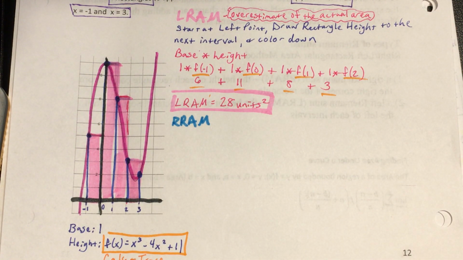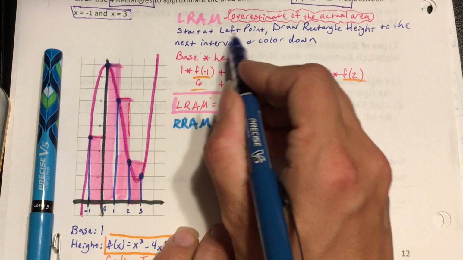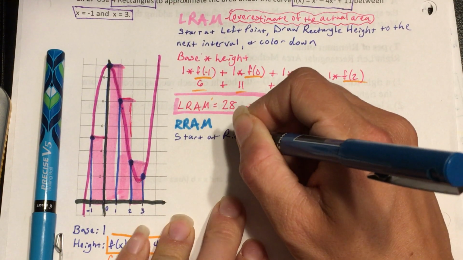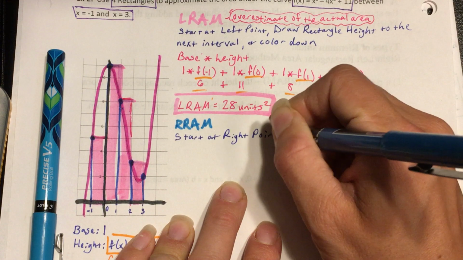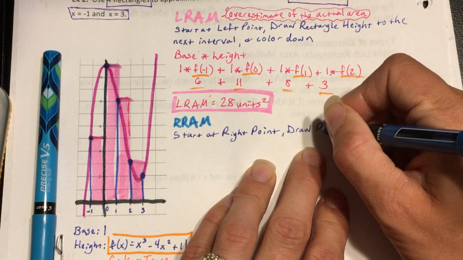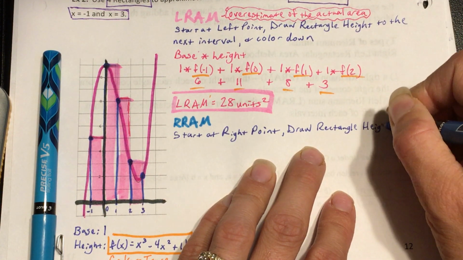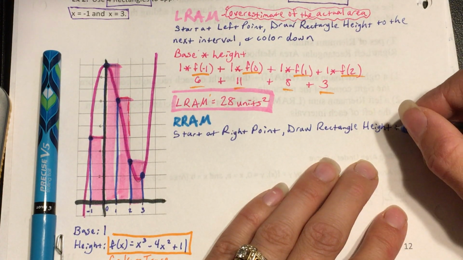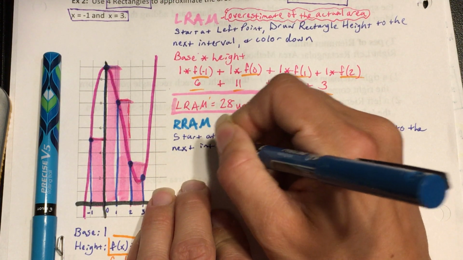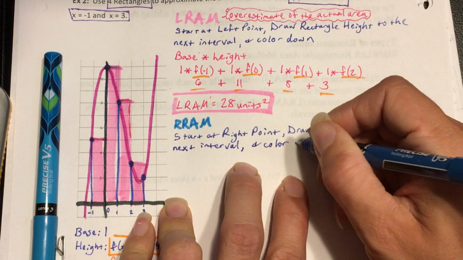Now, RRAM is going to be the exact opposite of how we found the LRAM. Instead of starting at the left point, we are going to start at the right point. So start at the right point, draw the rectangle height to the next interval, and color down.